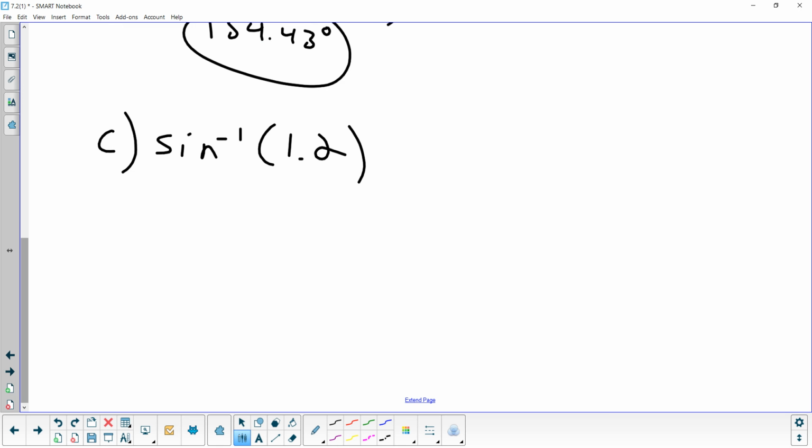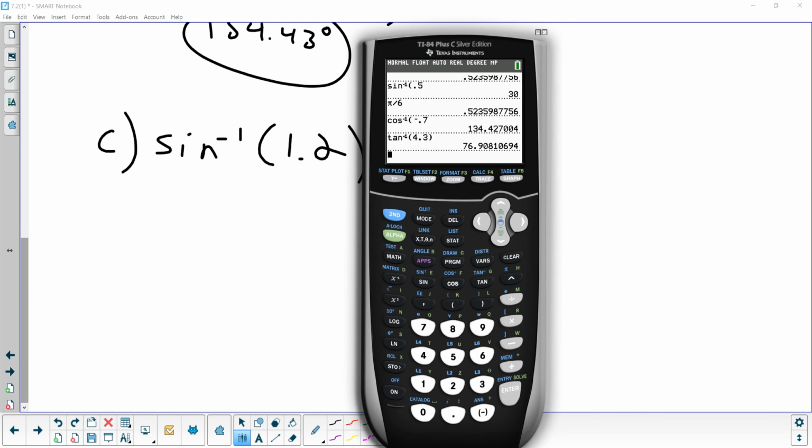Inverse sine of 1.2. What's the domain of inverse sine? Chris? Negative 1 to 1. It's only negative 1 to 1. So that's undefined. You can't do that. And if you try it, it pretty much tells you exactly what's wrong.